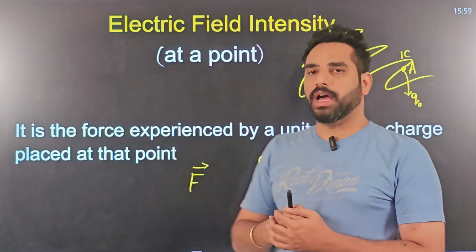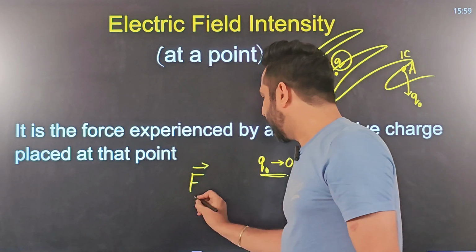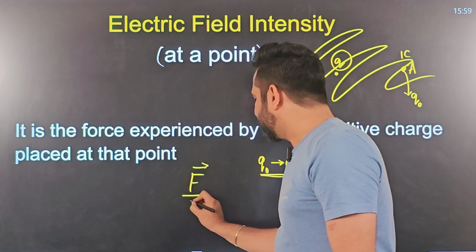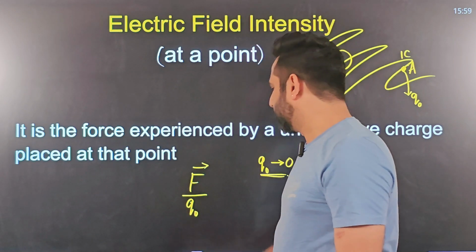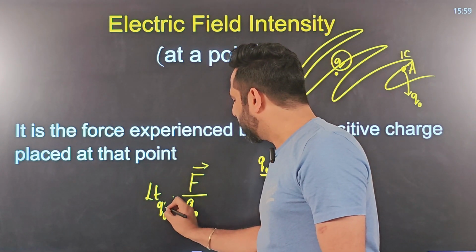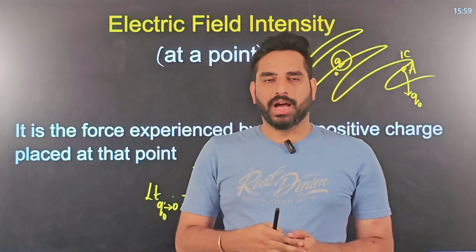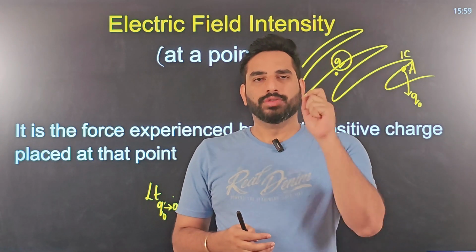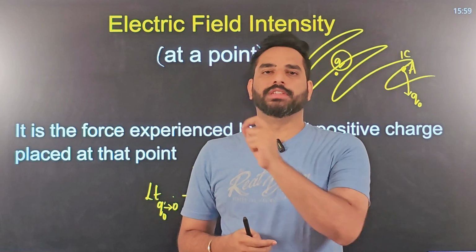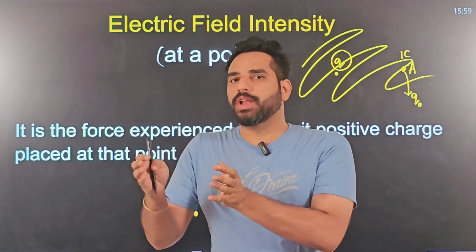As per the definition, I want to derive the force experienced by 1 coulomb. So I'll divide this force by Q naught. But this Q naught is very small, so limit Q naught tends to 0. To get a more accurate result, I have to choose Q naught whose magnitude is infinitesimally small, as small as 0.